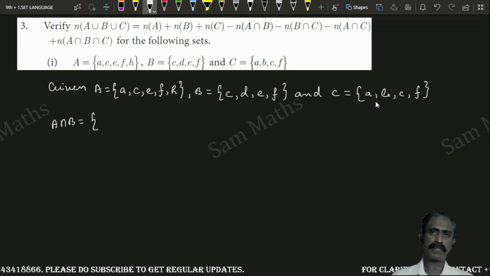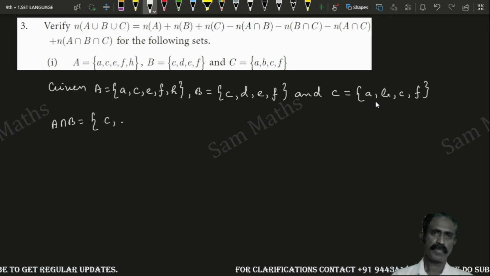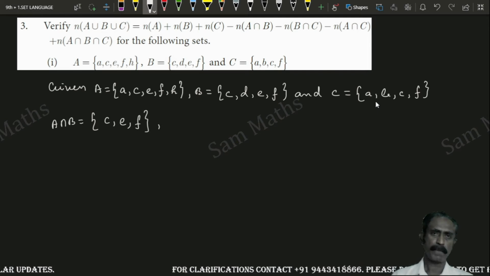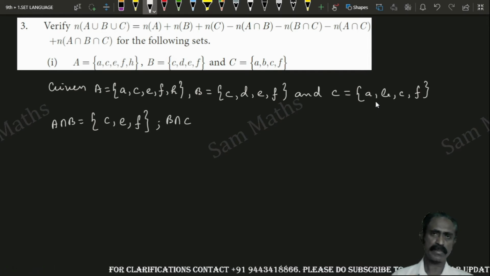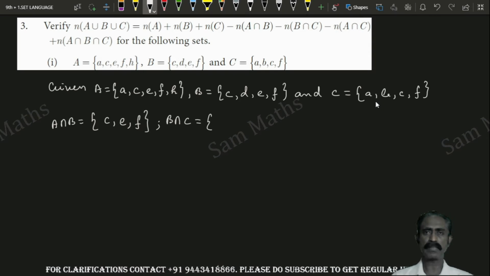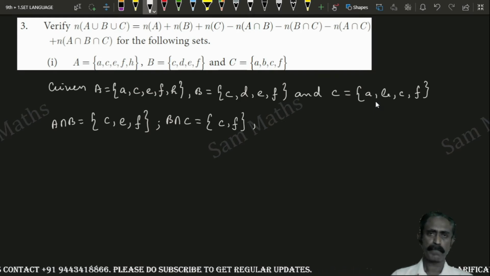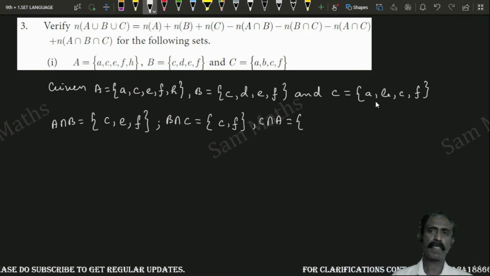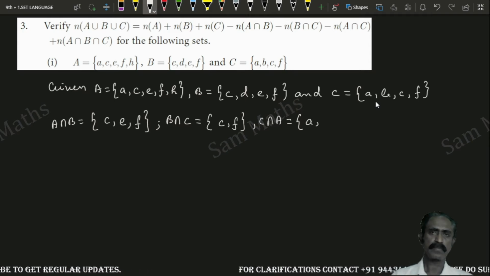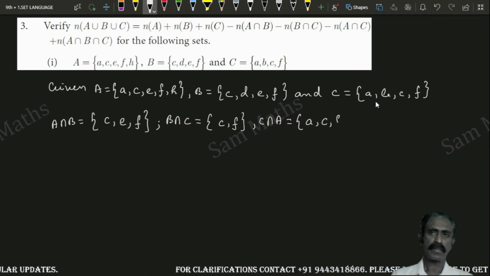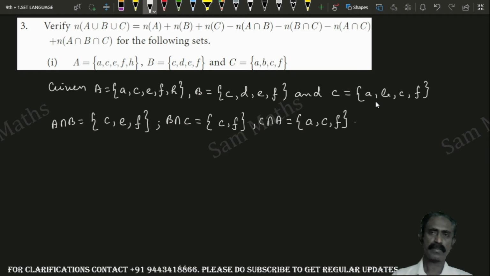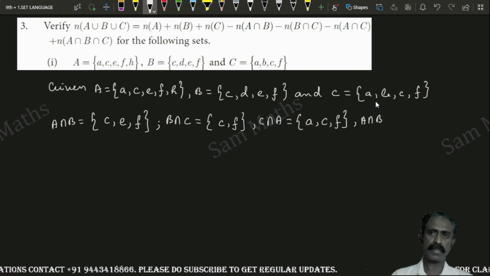Now we have to find A intersection B, that is equal to common elements for A and B: C, E, F. Then B intersection C, common for B and C: C, F. Then C intersection A, from A and C: A, C, F. And A intersection B intersection C, common for all the three.